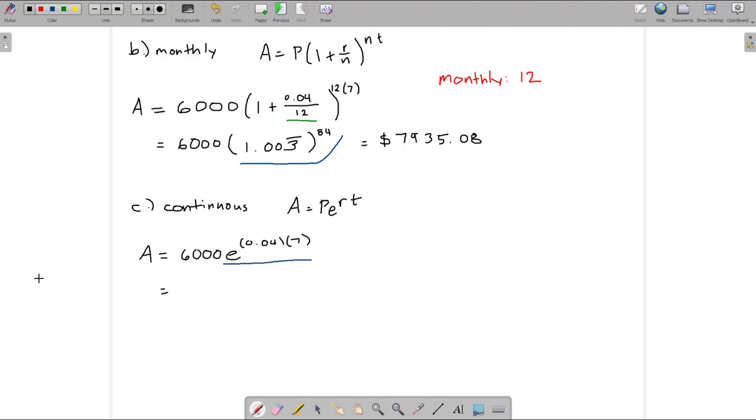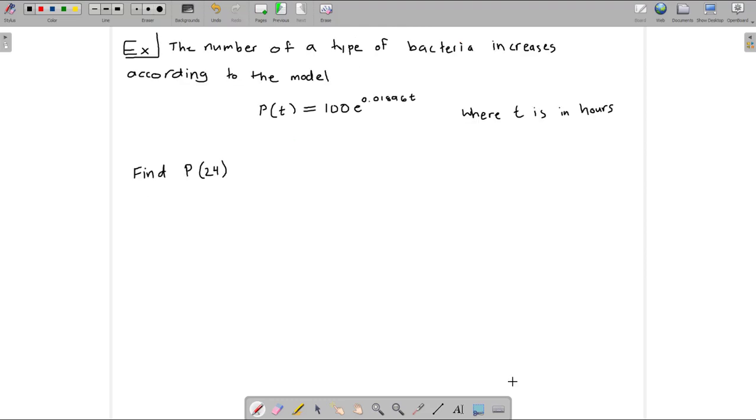And then just multiply by the 6,000 while you're there. So I get 7938.78, rounding to two decimals. So it looks like the continuous actually gives us the highest amount of money made. Alright, so let's finish with one more example.